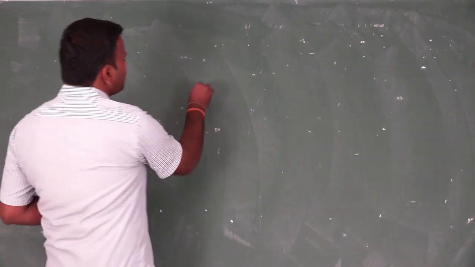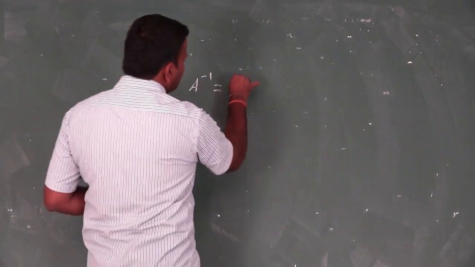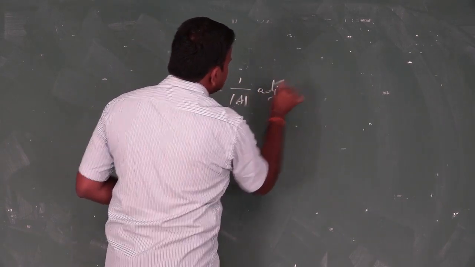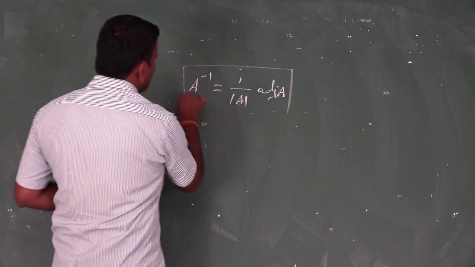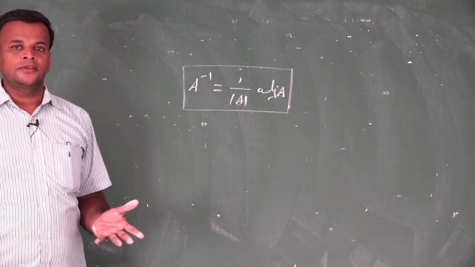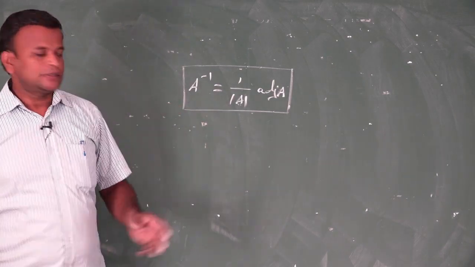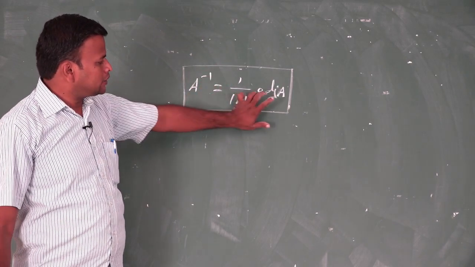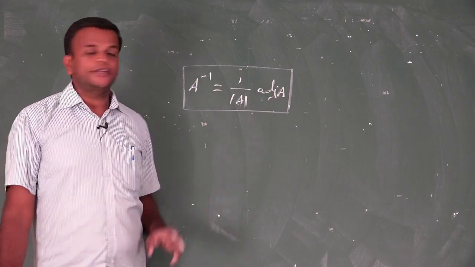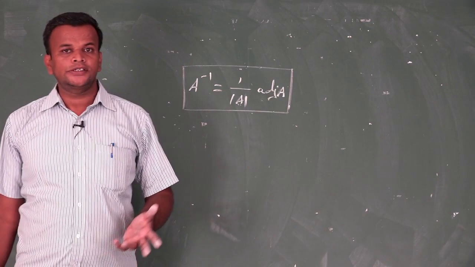Because the formula of A inverse is 1 by determinant A into adjoint A. The given matrix is A, whose inverse is A inverse, and whose formula is 1 by determinant A into adjoint. We know how to find the adjoint of any matrix, and you know very well how to find the determinant of any 2 by 2 matrix.